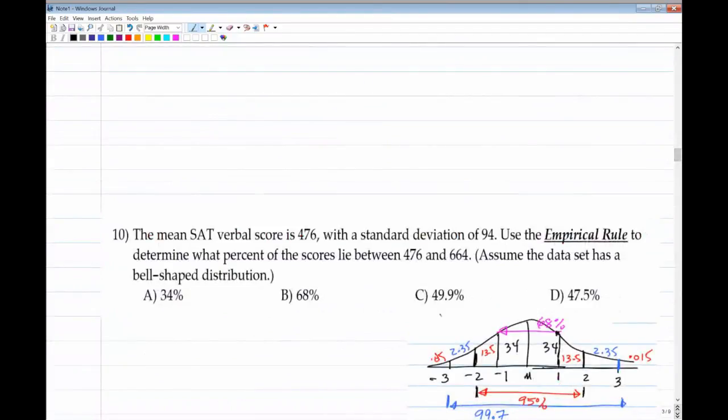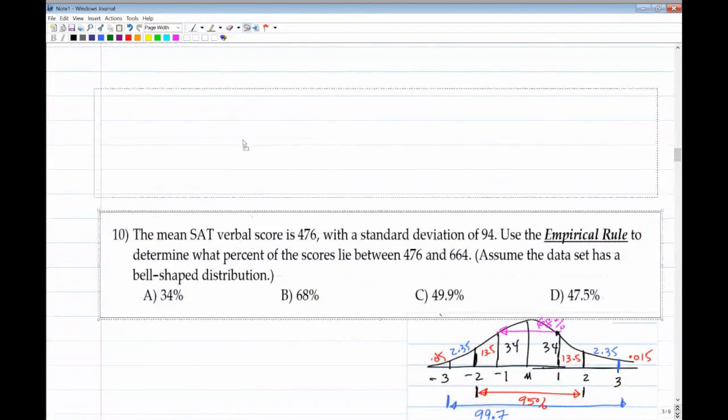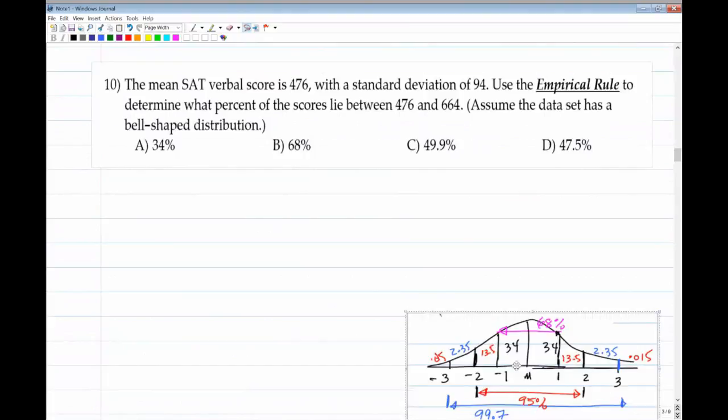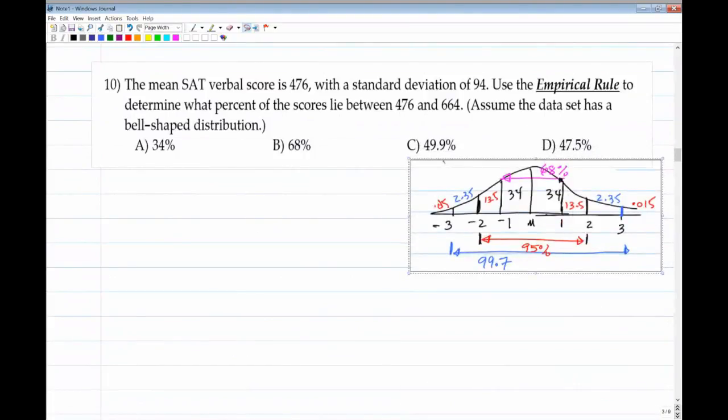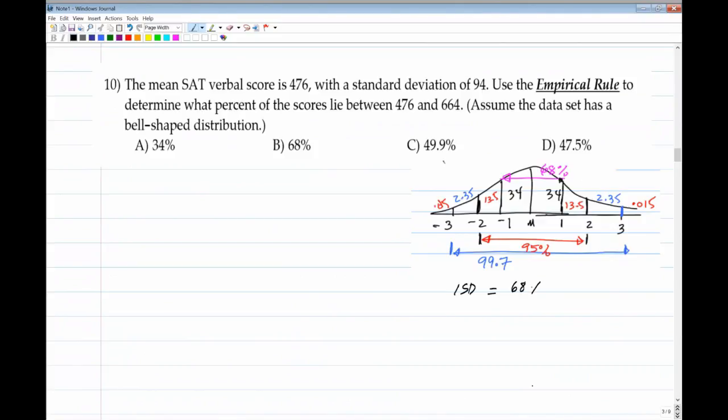Now let's look at this problem. This problem is about the usage of the empirical rule. The empirical rule basically is a bell shape, symmetrical on both sides. One standard deviation is equal to 68%, which is plus or minus 1.